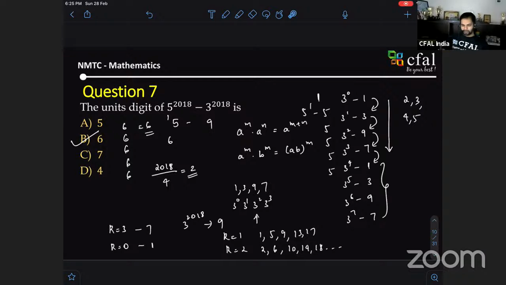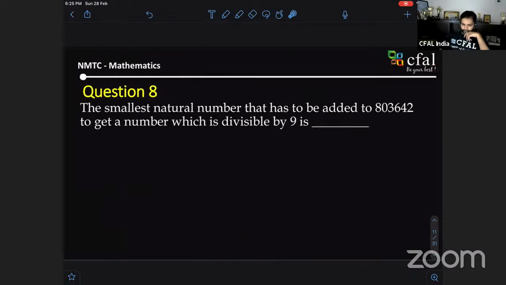For 5 power, probably everybody would know the last digit is always 5. But for the others this concept is required. Once you know this, any problem where they ask you to find the unit digit, you can solve using this. Okay, let's move on.